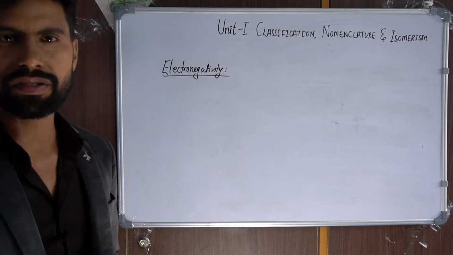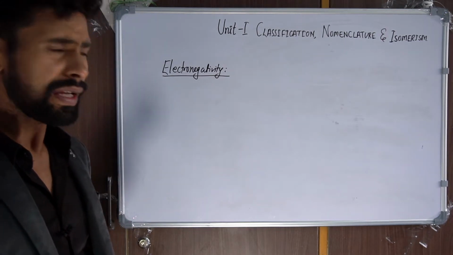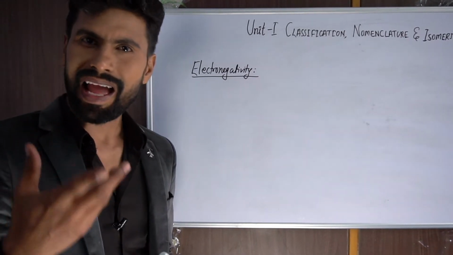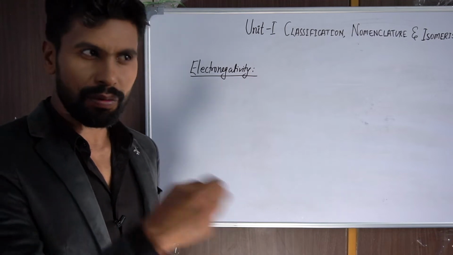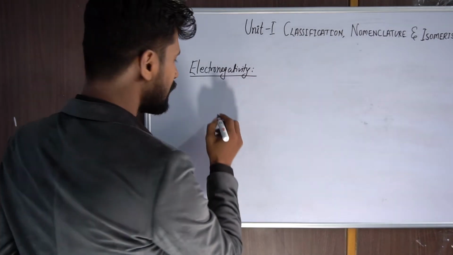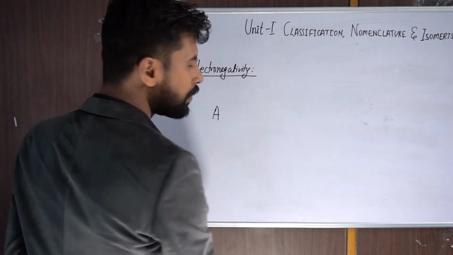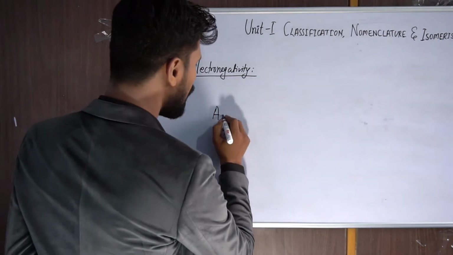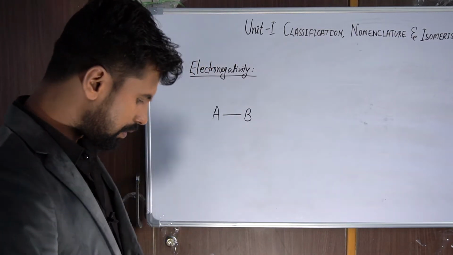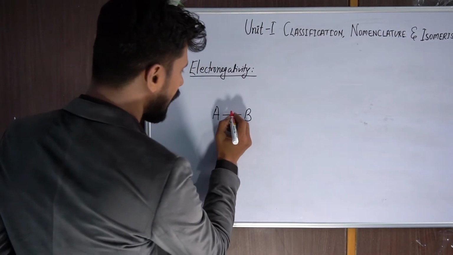So what is electronegativity? Electronegativity is the power, capacity or ability of an atom to pull the electron towards itself. Suppose this is an atom A which is going to make a bond with atom B. There will definitely be bonding electrons over here.